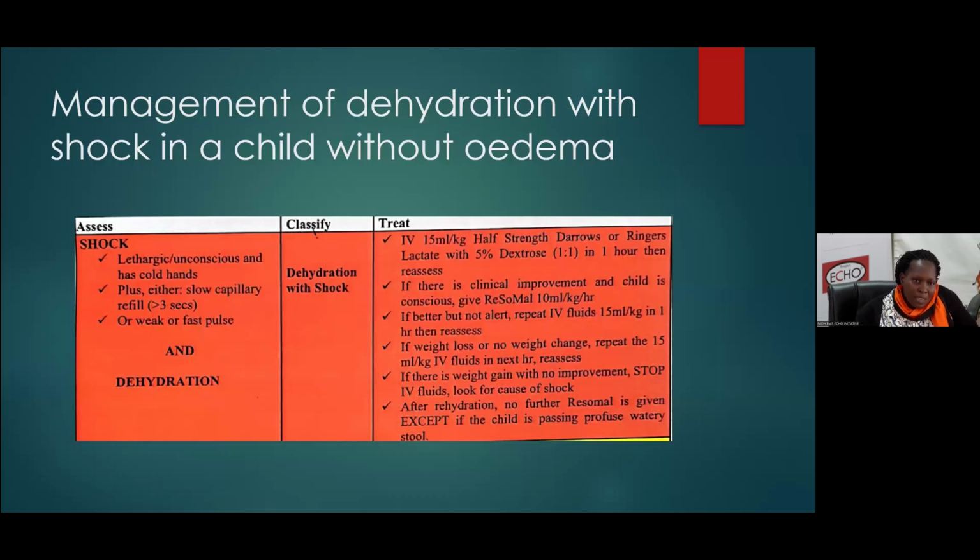If the child is better, like the cold extremities have improved, the pulse is getting better, but they are still not alert, that's their level of consciousness is still very low, we shall now need to repeat the initial 15 mils per kg.